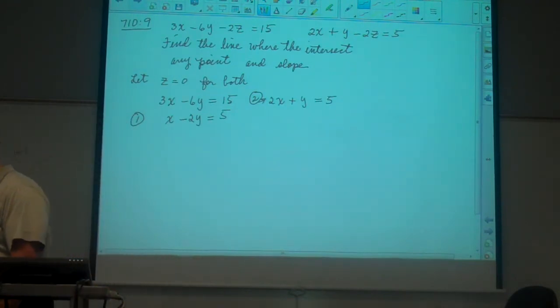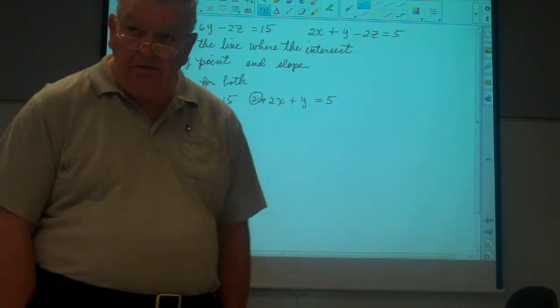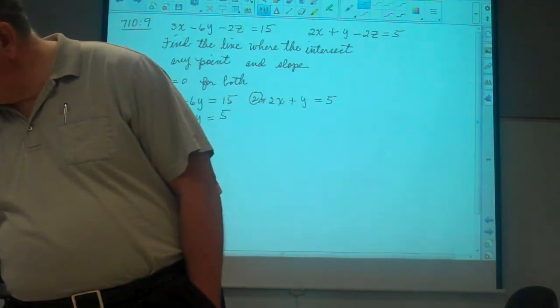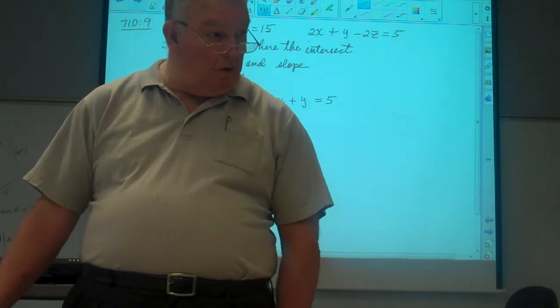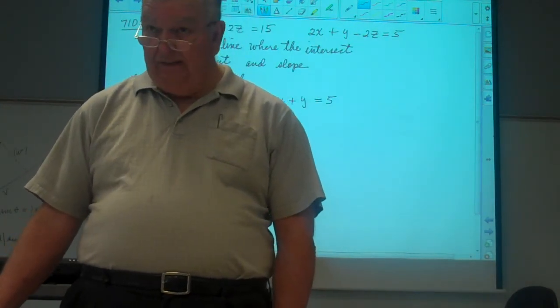Does that make you uncomfortable that I just snatch that baby out of there? What in space is the plane z equals 0? Origin? No, a plane. The origin's a point. The XY plane.